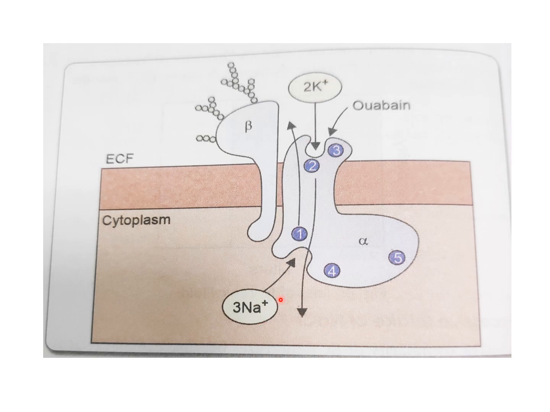That means more positive ions are going outside and only 2 positive ions are coming inside. So we can call it an electrogenic pump.